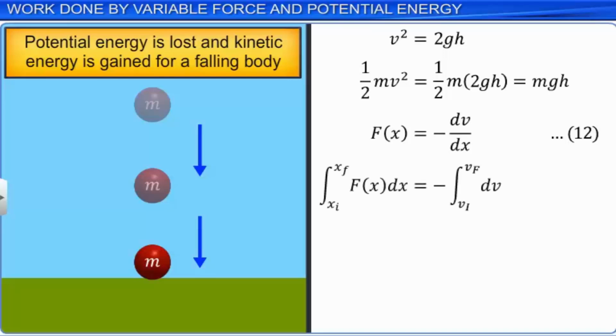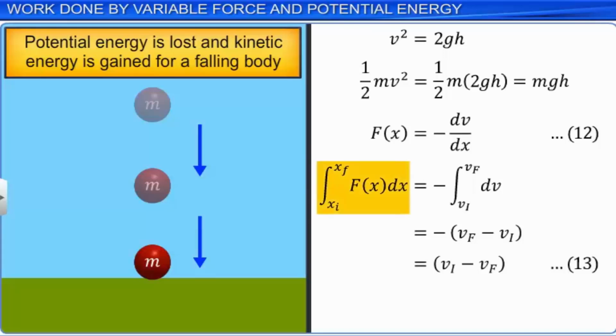Integrating on both sides of the expression within the limits of initial position xi and final position xf, and on simplifying, we get minus of Vf minus Vi. On further simplification, we can arrive at the conclusion as shown in equation 13.